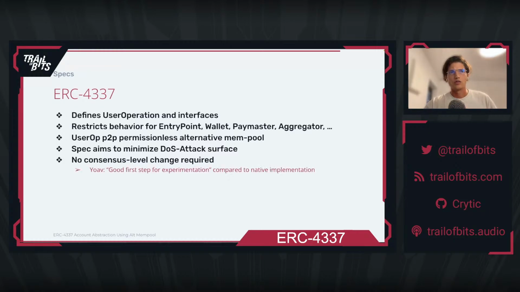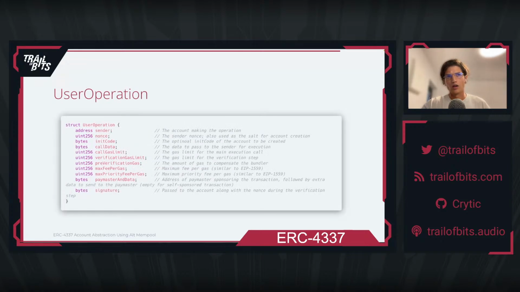As Yoav Weiss from Ethereum Foundation said, this is a good first step for experimentation compared to a native implementation, which would need so many more considerations, because the specs are so difficult and complex to encompass all of the features.